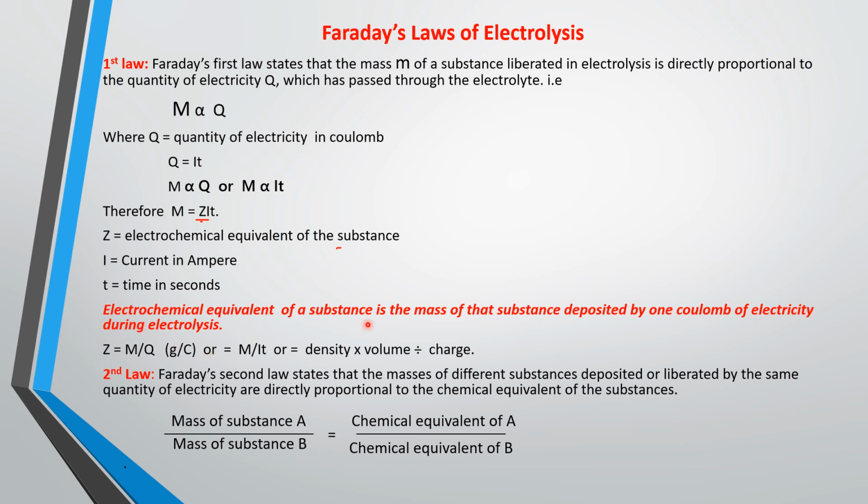So electrochemical equivalent is equal to mass per coulomb, and the unit is gram per C, or mass over current times time, or density times volume divided by charge. Don't forget that mass is density times volume, because density is equal to mass over volume. Depending on how your question is twisted.